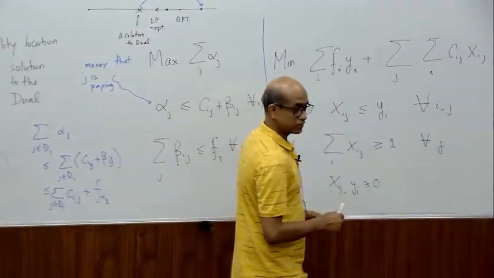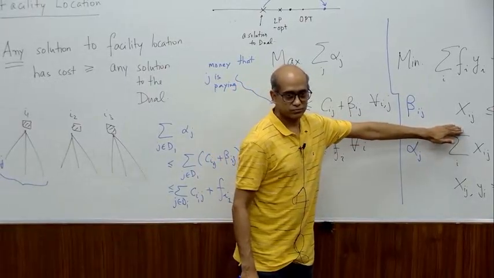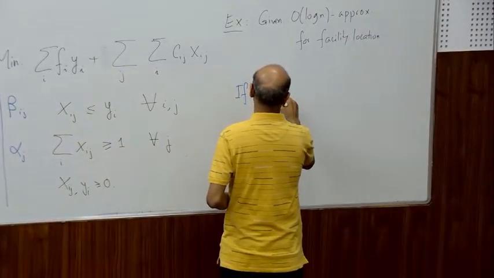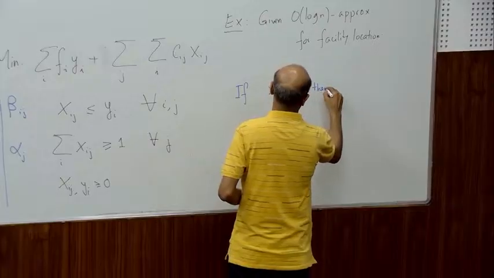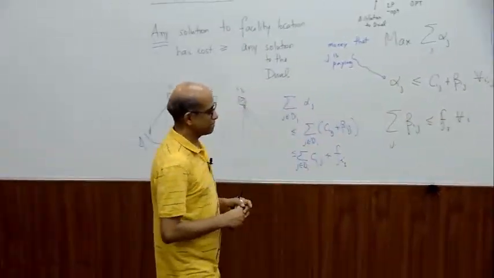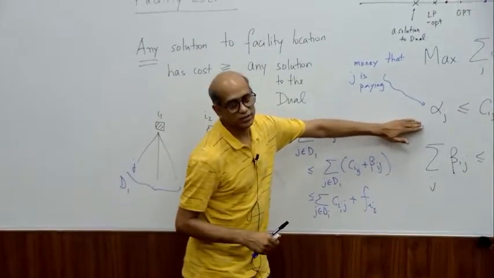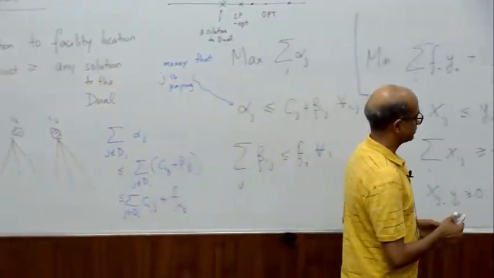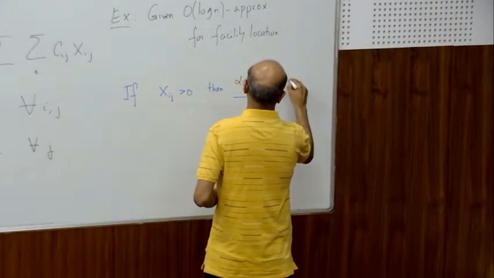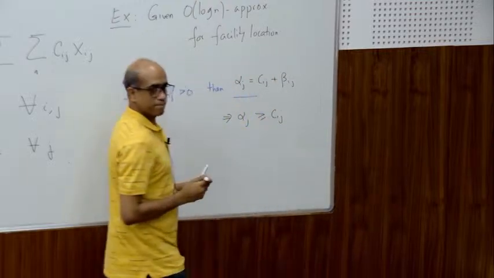Complementary slackness says that if Xij is positive, then this will be equal. Alpha j is equal to 0. In particular, this implies that alpha j is bigger than or equal to Cij.